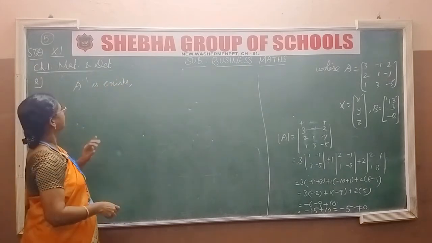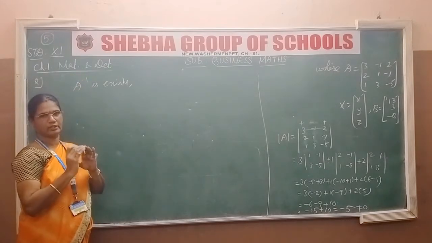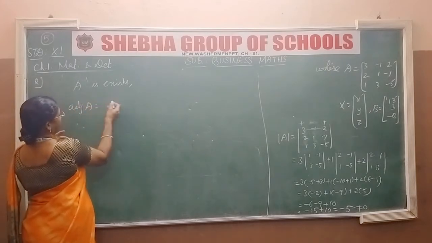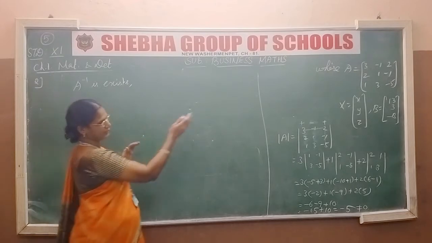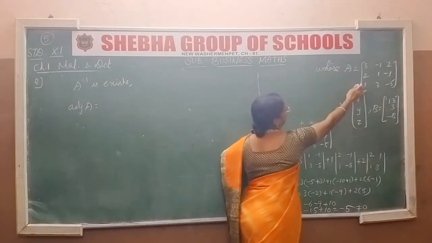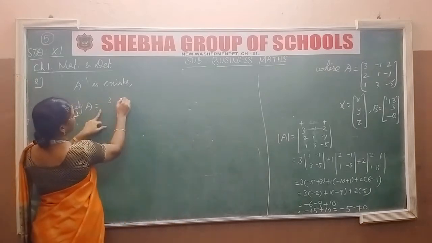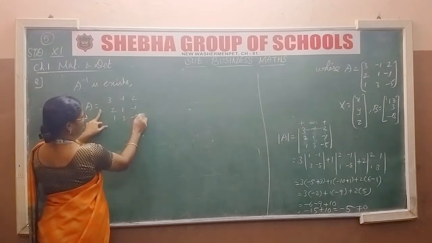Next step, to find A inverse, we want the adjoint of A. How to find the adjoint of A? As I said, first write the A matrix 4 times in the square form: 3 minus 1 2, 2 1 minus 1, 1 3 minus 5.